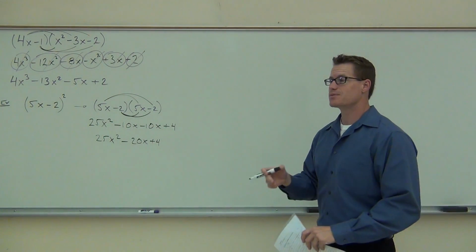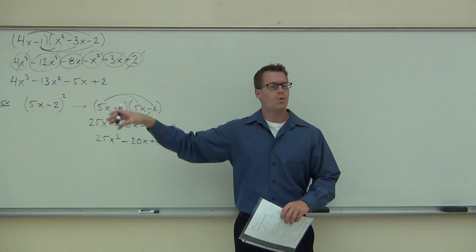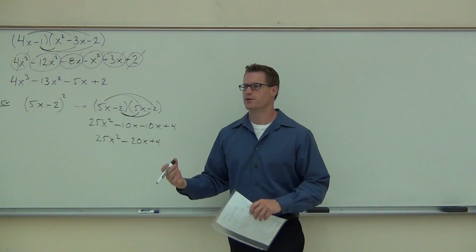Now, the last thing we have to cover is we've done addition, we've done subtraction, we now have multiplication. We're going to look at how in the world you divide polynomials.